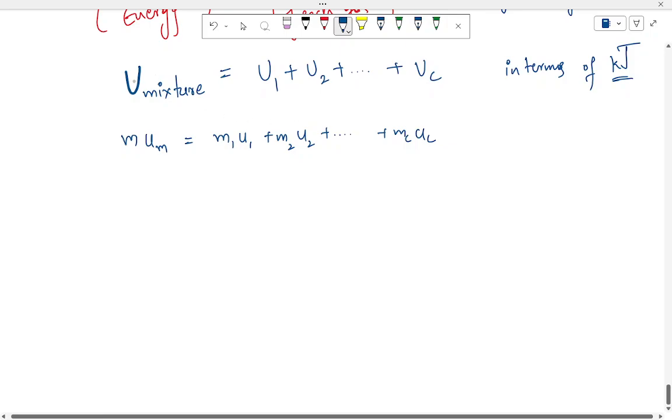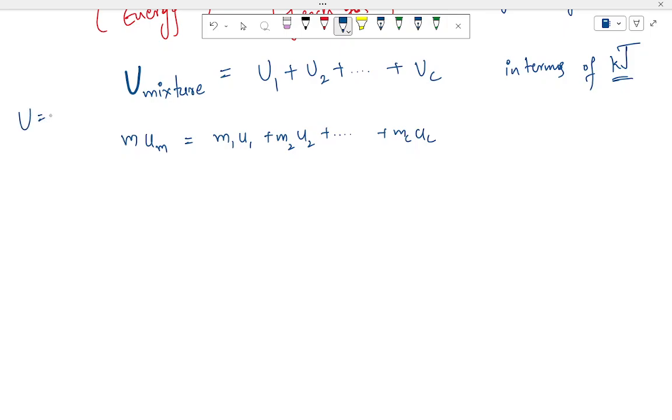Simply put, in the place of capital U, you have written small u into m. The capital U is equal to m into u, mass into the specific internal energy. So that's how you have transformed this equation.